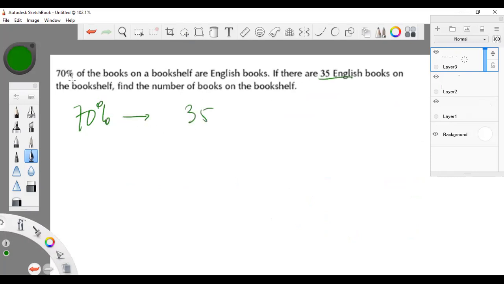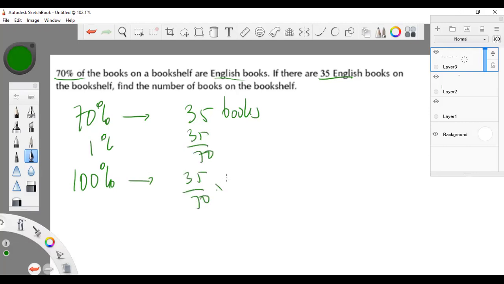How many is the number of books in the bookshelf? So the question is asking you for 100%. Simply 1. So 35 over 70, right? And then 35 over 70 times 100. Okay, so the answer will be 50 books.